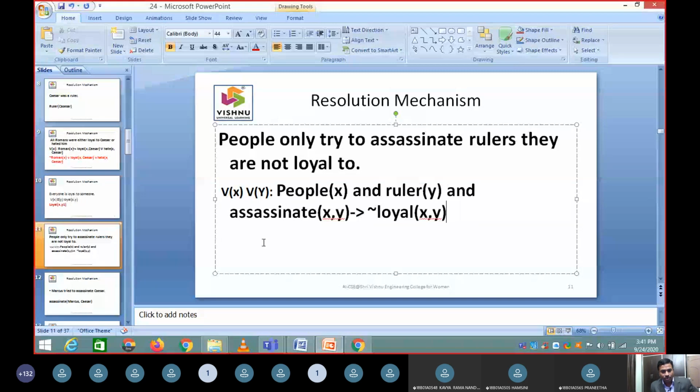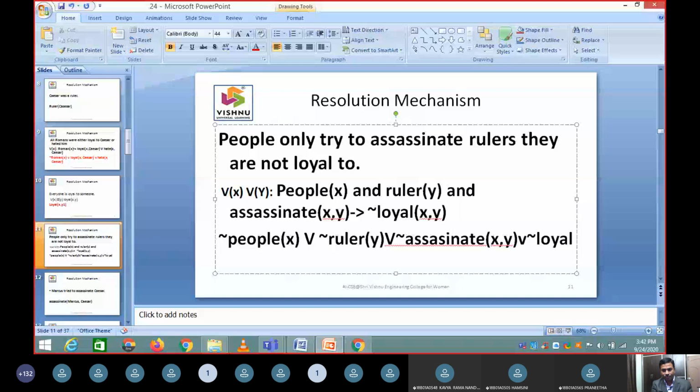So if I wish to remove this, I have to write negation of people of x OR negation of ruler of y OR negation of assassinate x comma y, OR you will have negation of loyal x comma y.